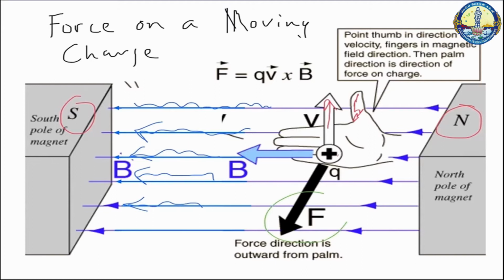As soon as the particle enters the field, the Lorentz force acts on it in a direction perpendicular to both the magnetic field B and velocity v. As a result, the charged particle moves in a circular orbit.